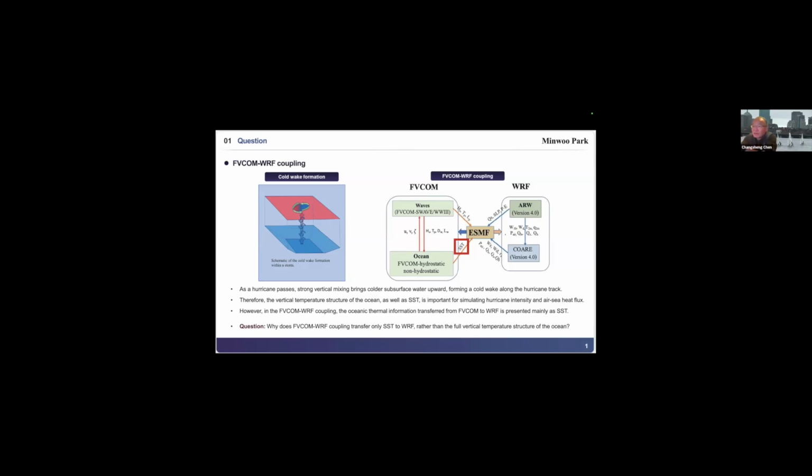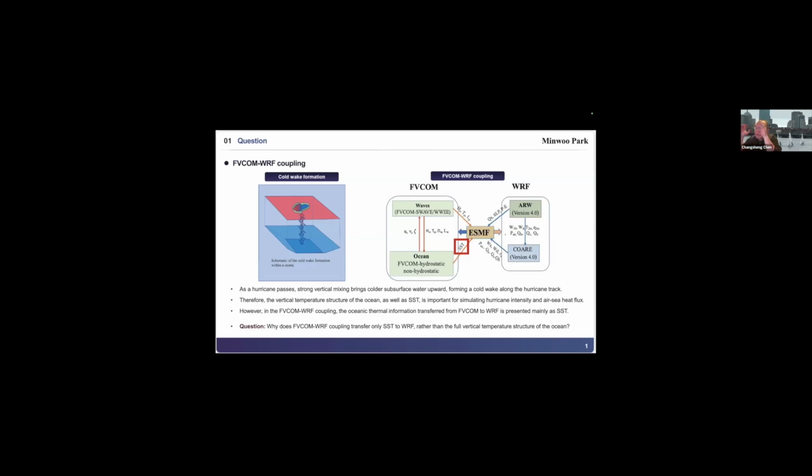This SST should include the resolved cold wake information. You can look at Lee's paper published in Progress in Oceanography. They show clearly how this kind of cold wake can intensify the hurricane. And there is a lot of argument about hurricanes.